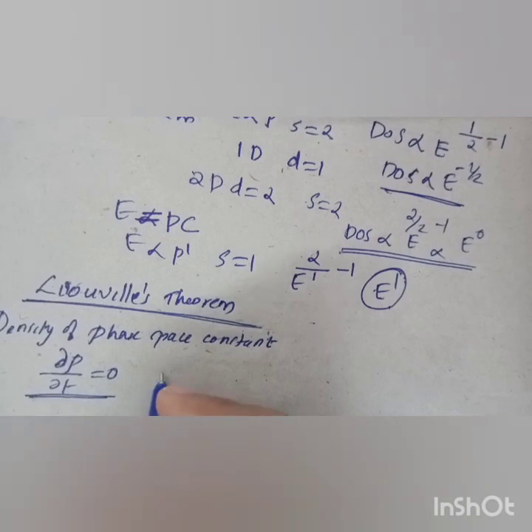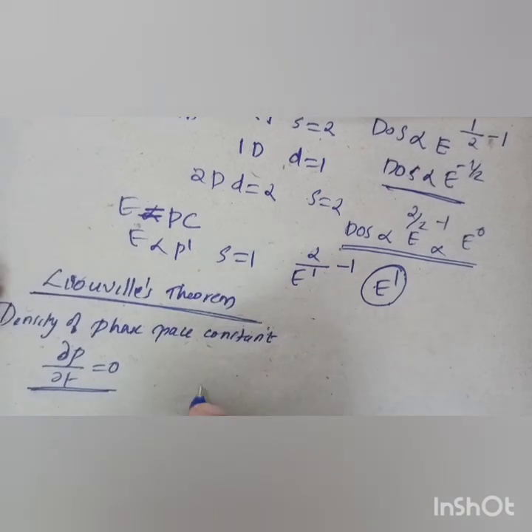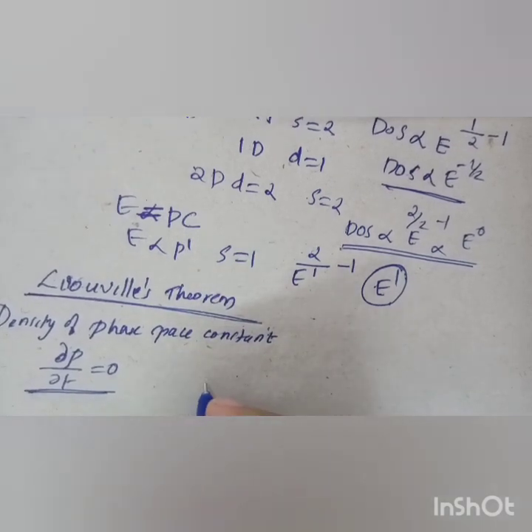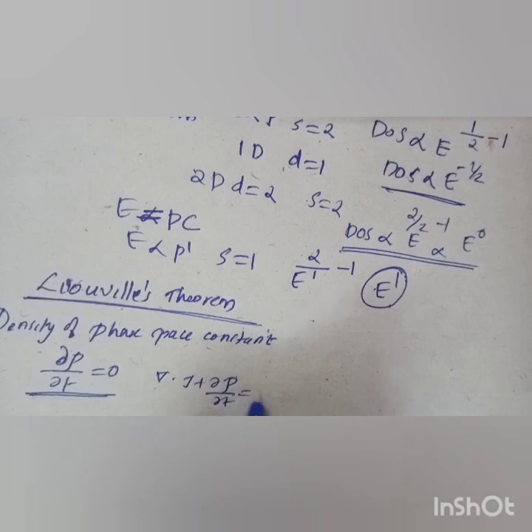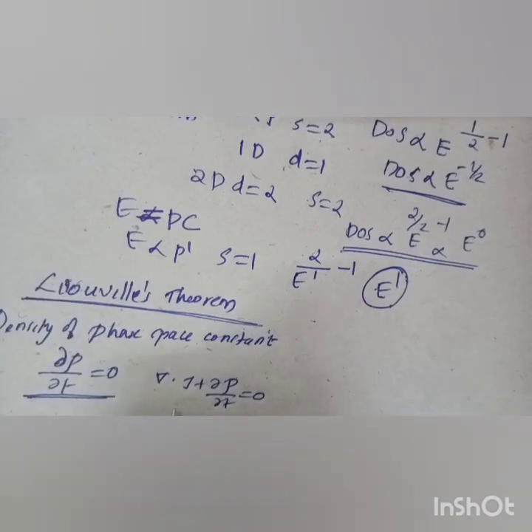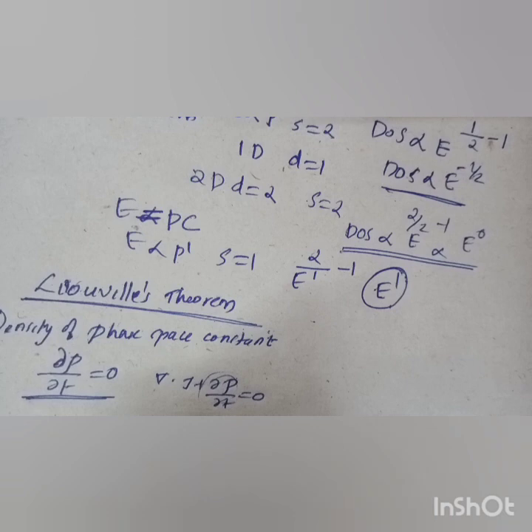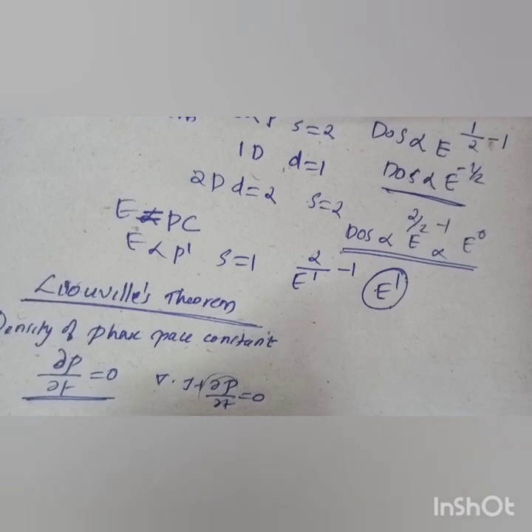So in the equation of continuity, we know that del dot j plus dou rho by dou t is equal to 0. Since dou rho by dou t is equal to 0 from Liouville's theorem, del dot j is equal to 0.